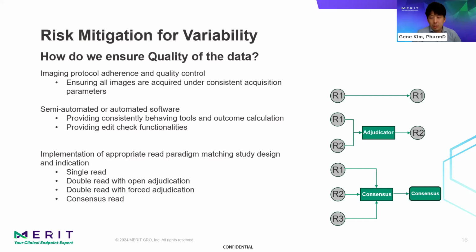Such as a reading workflow of two reads with adjudication, which is often deployed to make sure that if there is any discrepancy between the readers, it is corroborated by a third adjudicating radiologist, for instance.